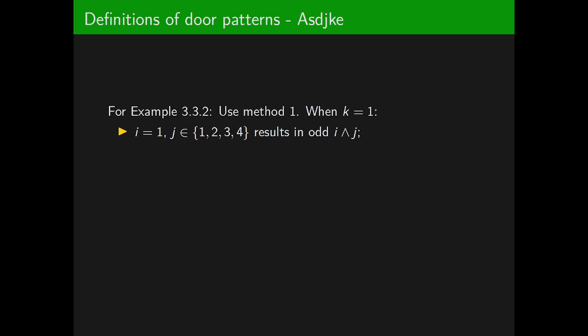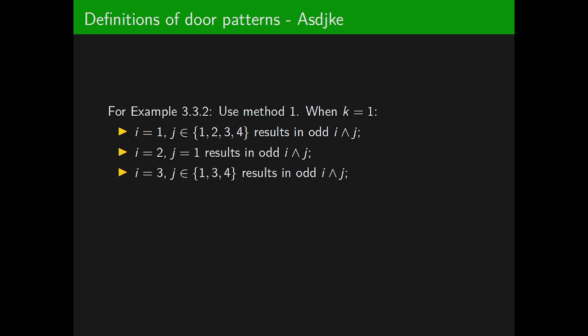So how could j be smaller than i? I equals 2, then only j equals 1, because j equals 1 will result in 1 for minimum ij. But then no matter what j is, 2, 3, 4, it will still be even. So odd i minimum j.